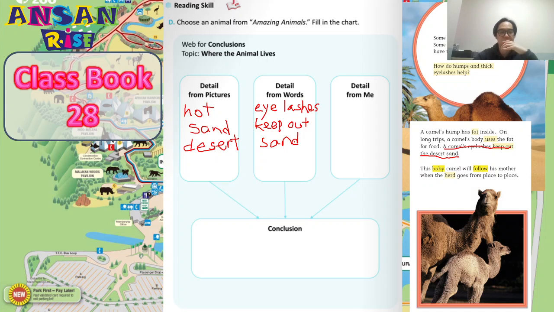Aha, keeps out sand. And I need another detail, something else I know about camels. A detail is something that we know that will help us understand.